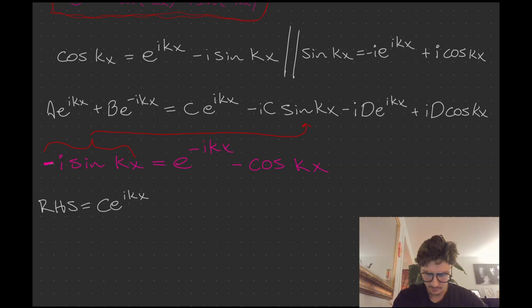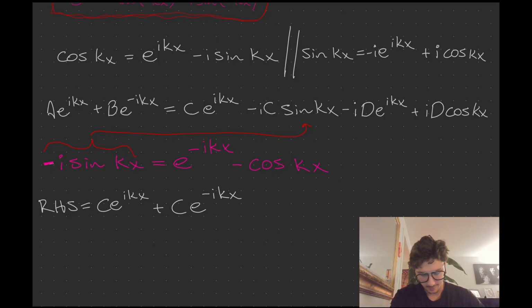This is where the minus comes in, huh? So we have plus c e to the minus i kx. Oh, this is looking okay, actually. Oh, this is looking good. Because the c's are all on one side, huh? I mean, they're always on one side.